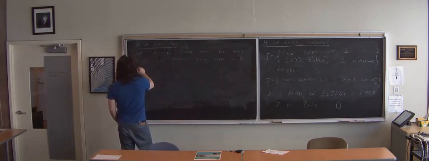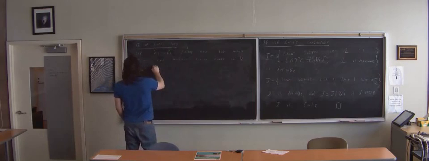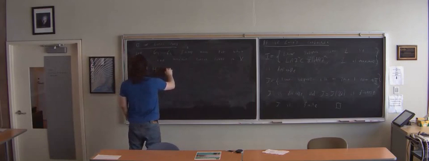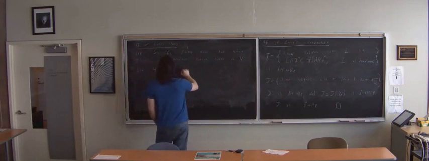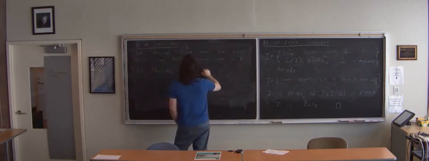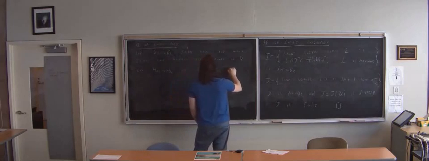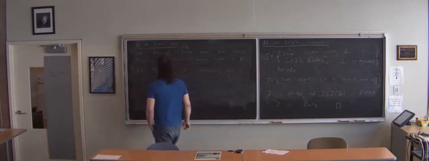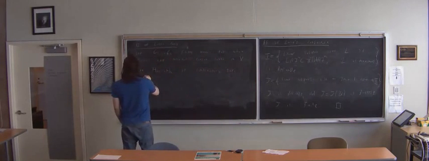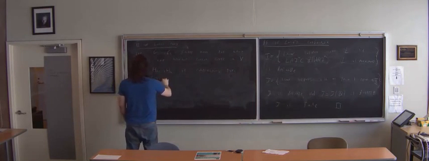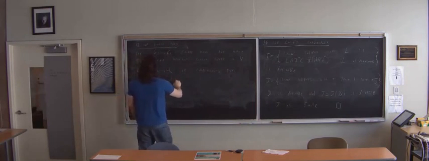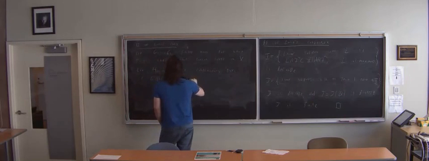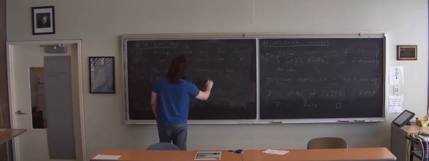And so now for each Gi, we can let H1 through Hn be complementary tori. In other words, Gi intersect Hi is just the identity, and Gi plus Hi is all of C star to the m.